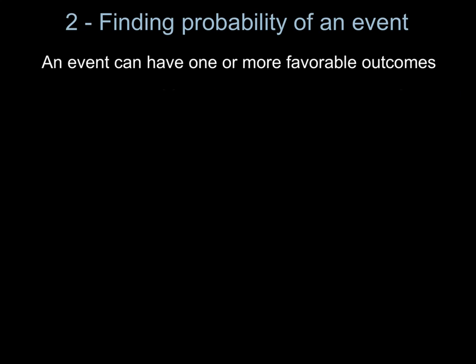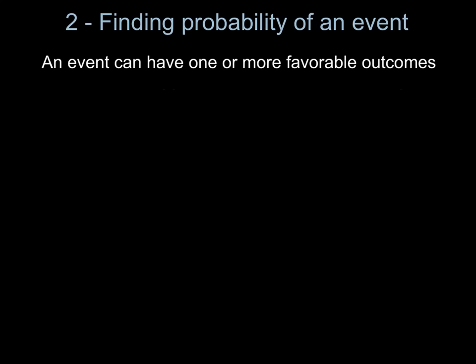Now we're going to talk about finding the probability of an event. We're going to try to calculate the likelihood of some event occurring. It's good to know that an event can have one or more different favorable outcomes, but for this first example, we're just going to have one favorable outcome.